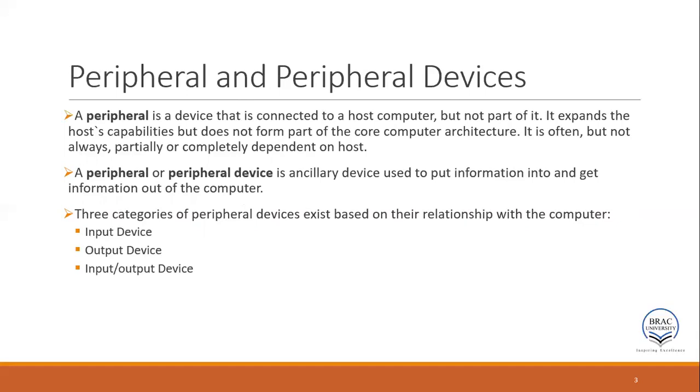Our CPU is a large box, you know. If you don't connect the power plug to its power supply port, and don't connect the keyboard and mouse to their respective ports, how can the CPU be operated? Let's say the mouse. The mouse is connected through a port to the computer. It expands the computer's interaction with the user, but it is not a core component.